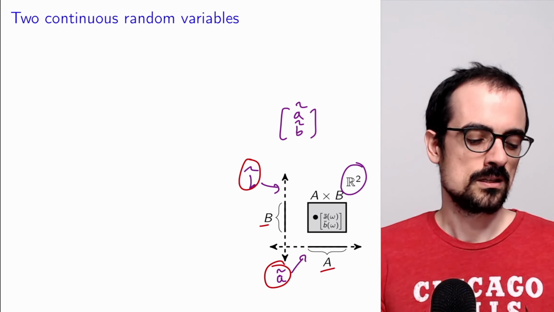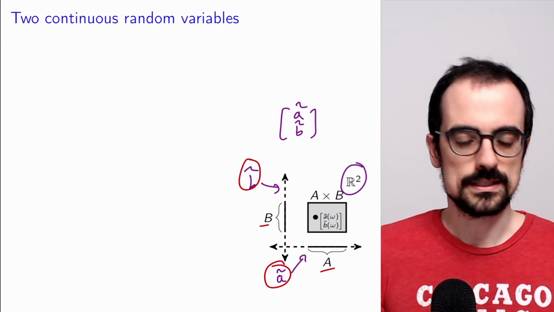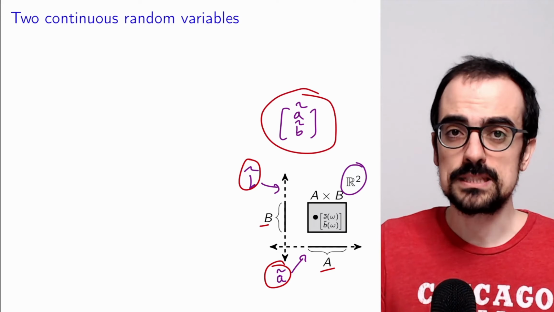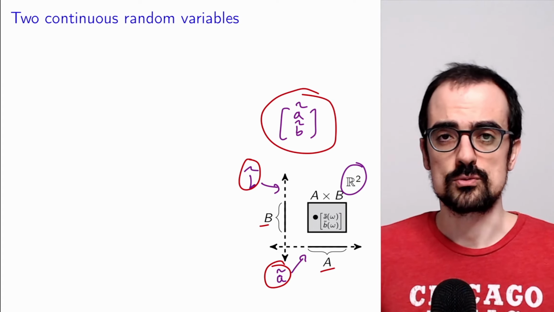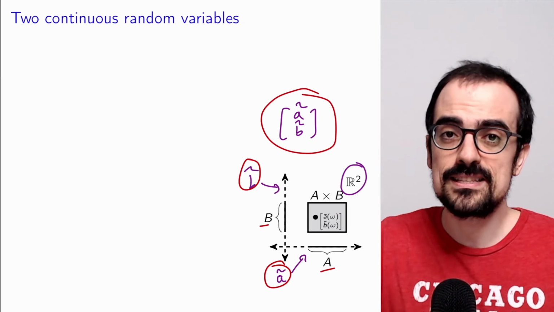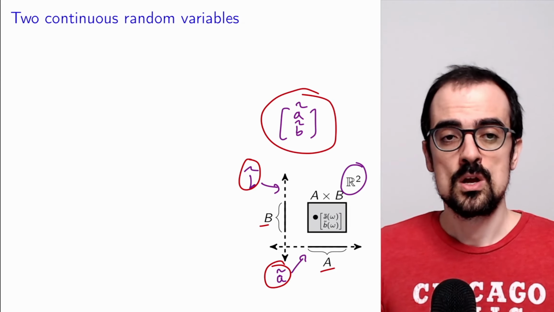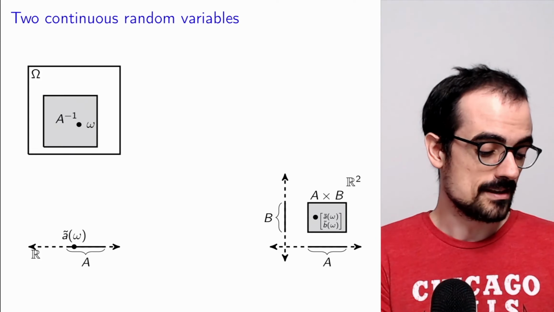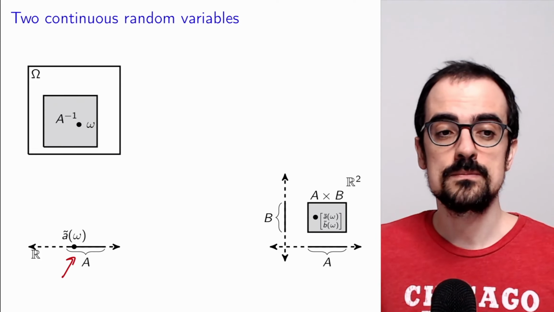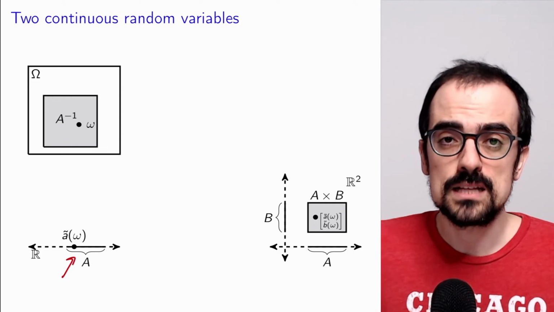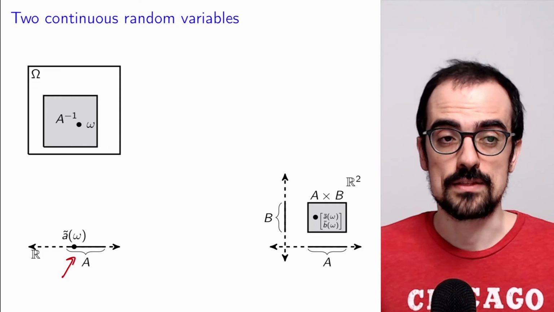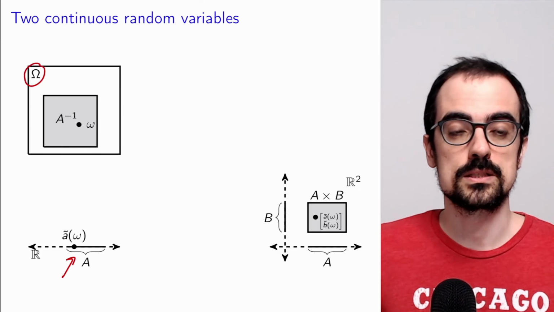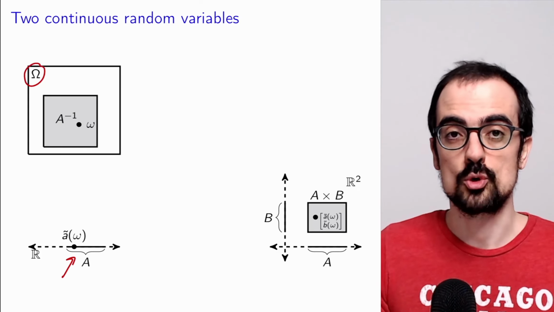The point is, we're going to describe these 2D random vectors in terms of the probability that they belong to this rectangle. So now we have to ask ourselves, is this probability well defined? Well, the probability that the random variable A is within this interval must be well defined if it's a valid continuous random variable. This here denotes the sample space of the probability space associated to the random variable.